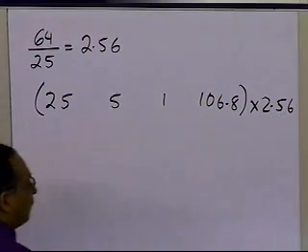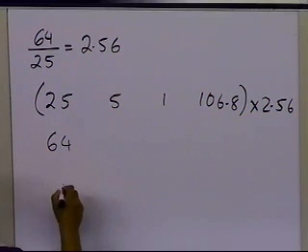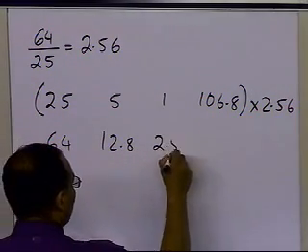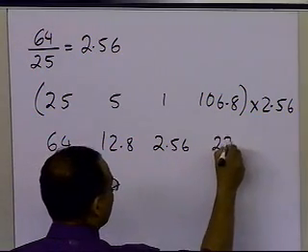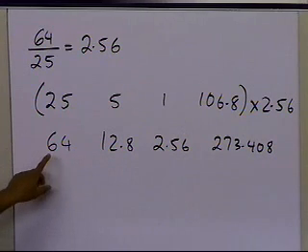And the reason why I'm multiplying by 2.56 is because this is going to become 64 then. So I'll get 64, 12.8, 2.56, and 273.408.